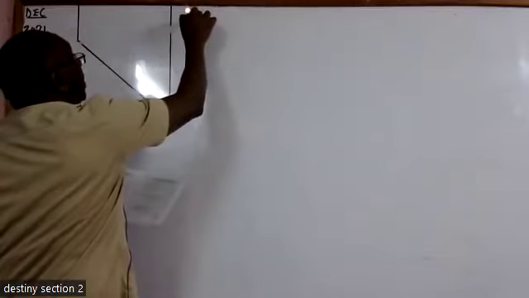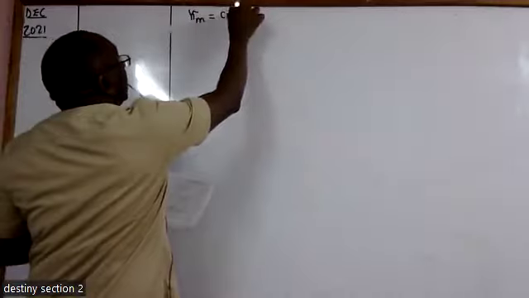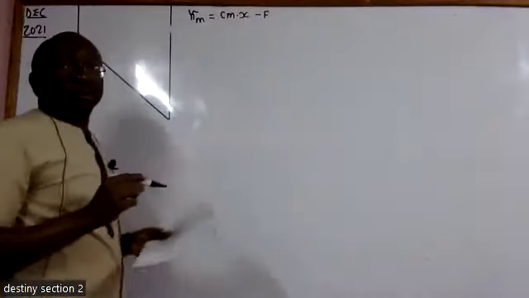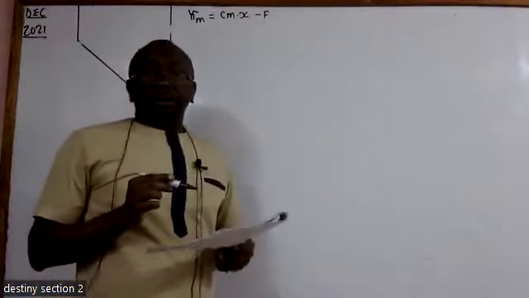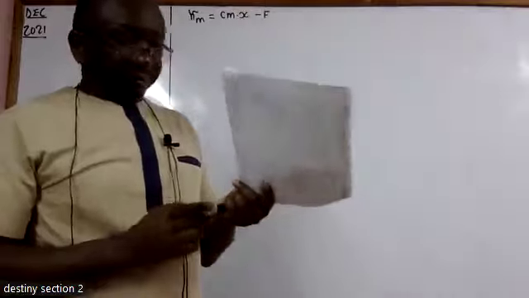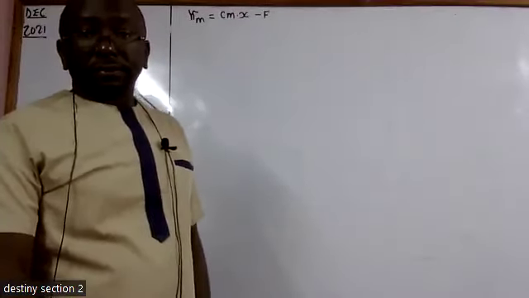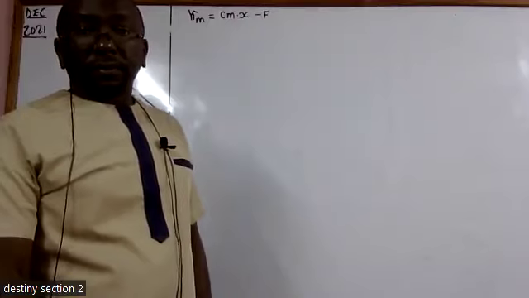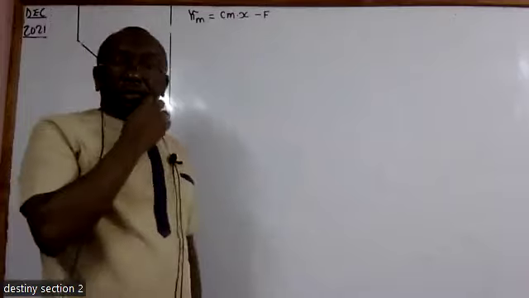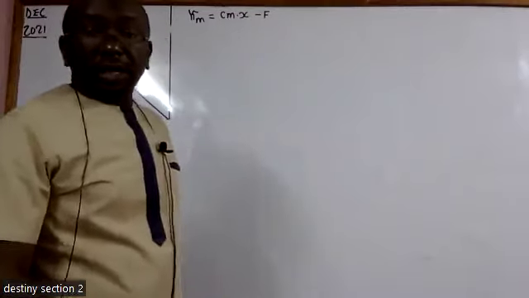That profit made is contribution margin multiplied by the units minus F. You're able to see that? Okay. I don't know why the writing has changed.